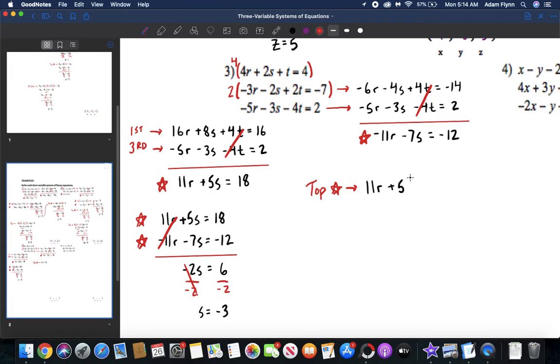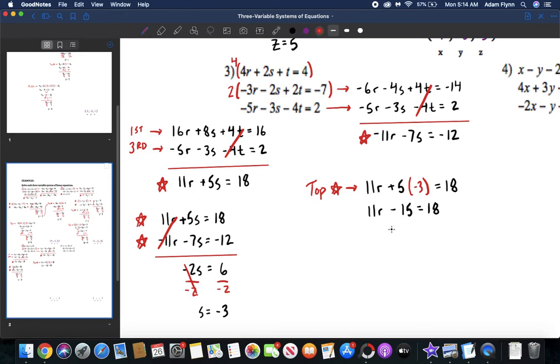Instead of s, I'm plugging in negative 3 equals 18. Okay, so if I simplify, I have 11r. 5 times negative 3 is going to be negative 15 equals 18.